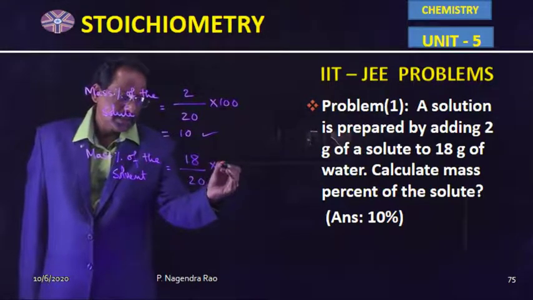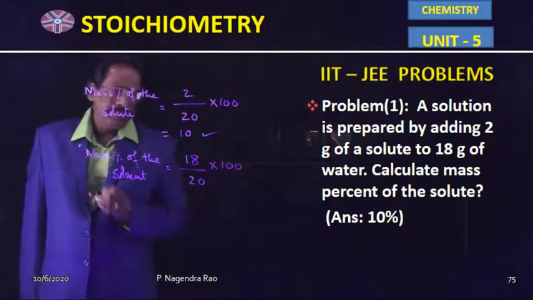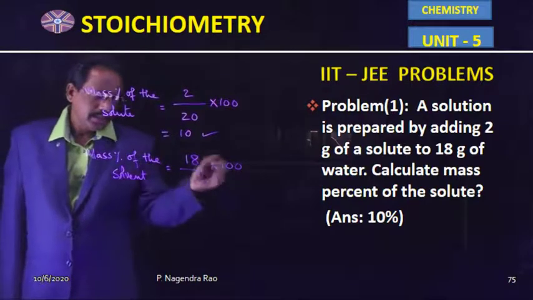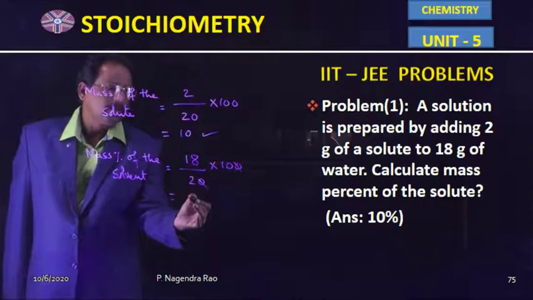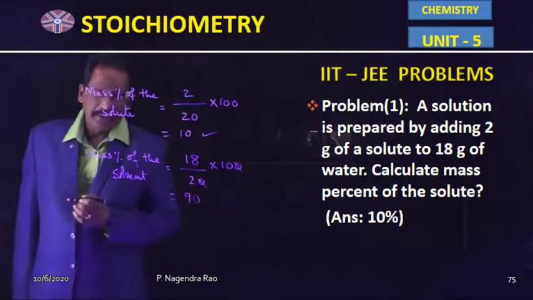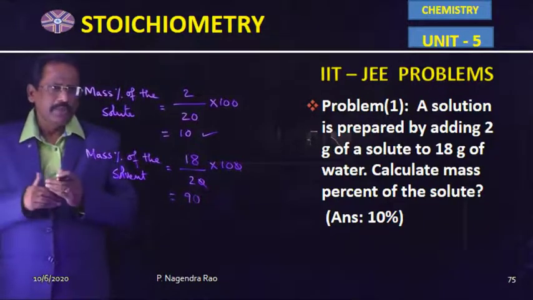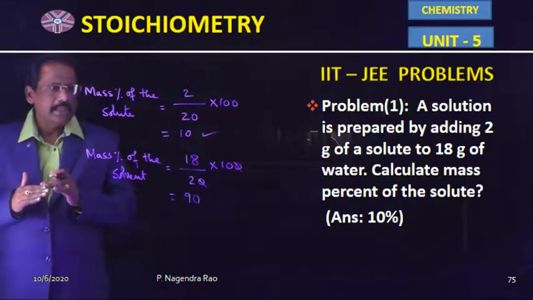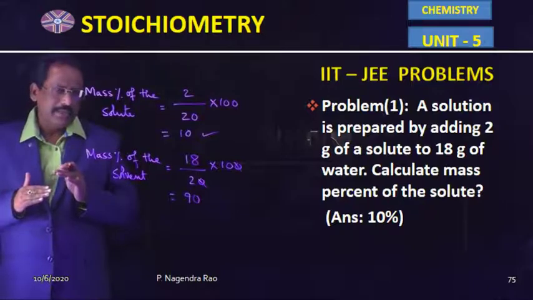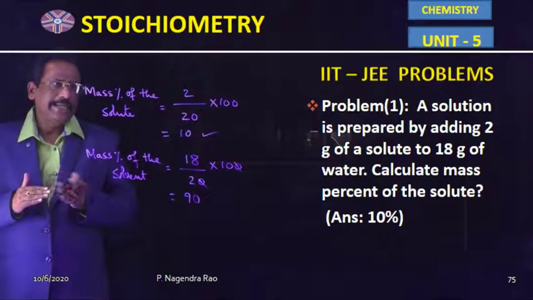Therefore, this is equal to 18 by 20 into 100, which is 90%. So, in this problem, the solute weight percentage is 10% and the solvent weight percentage is 90%.